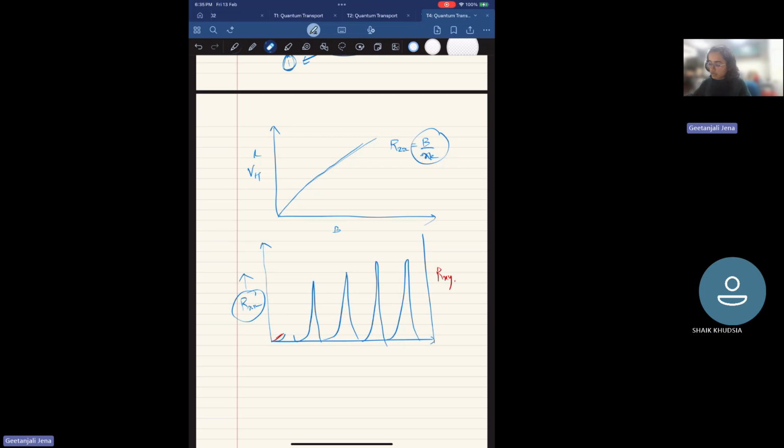So let me draw it separately. It will be linear, then it shows a plateau, then it will increase, then again a plateau, so it increases in a step-like manner. So we'll see what is happening in this regime.